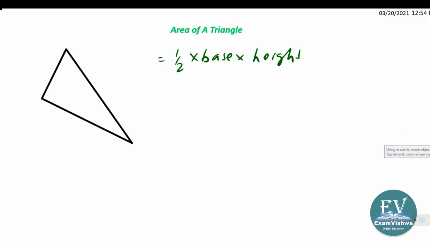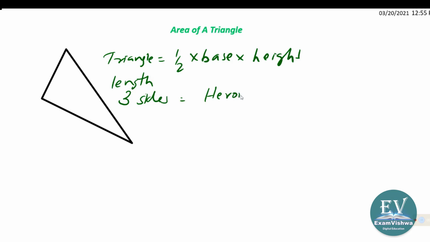Both are almost the same. This formula is clear to you, but this formula may not always be easy to apply. I mean, the information will not always be given. Sometimes it so happens that the lengths of the three sides of the triangle will be given. Then there is a formula. The formula is named Heron's formula.